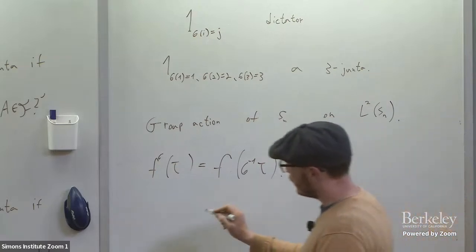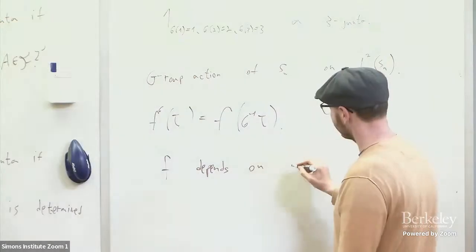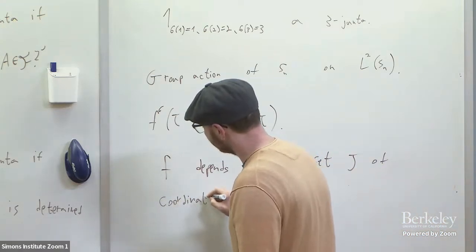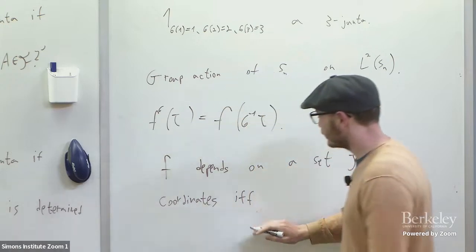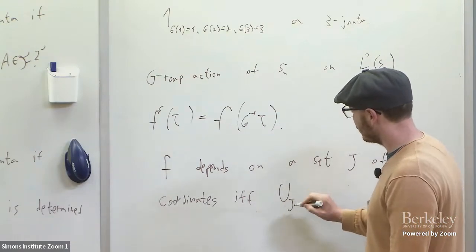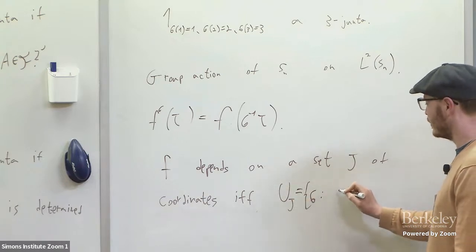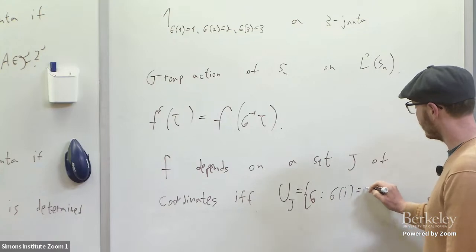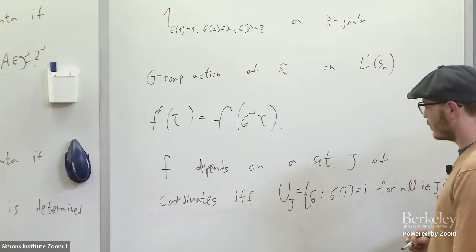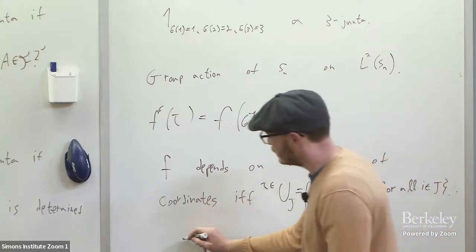And then f depends on a set J of coordinates if and only if we take the subgroup of all elements that send J to itself, if and only if every element in this subgroup sends f to itself.